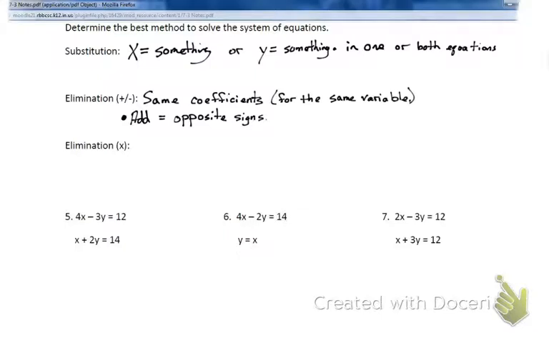And you will subtract if the 2 variables that you're trying to cancel have the same signs. And finally, elimination using multiplication. You'll use this method when you have no coefficients that are the same.